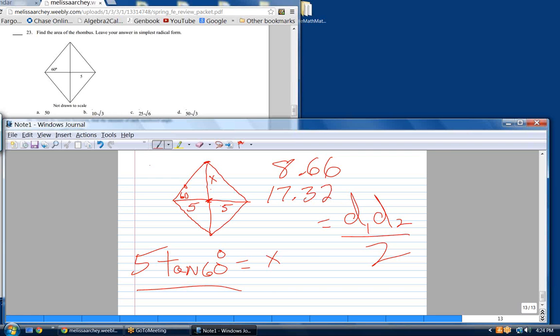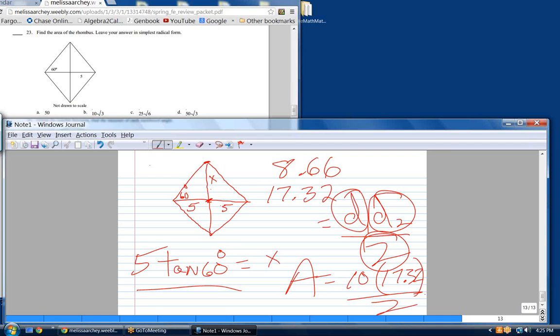Okay. So now the area of this thing is diagonal 1 times diagonal 2 divided by 2. So help me plug in the numbers. What's diagonal 1? 10. What's diagonal 2? The second diagonal. Right, it would come to 17.32, all divided by 2.